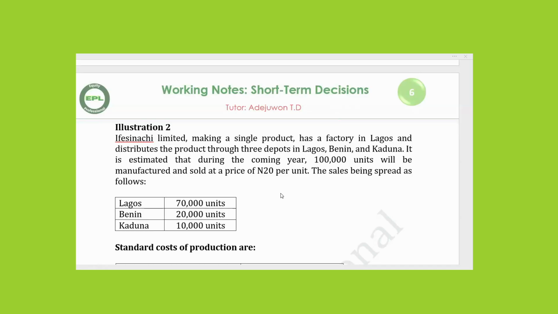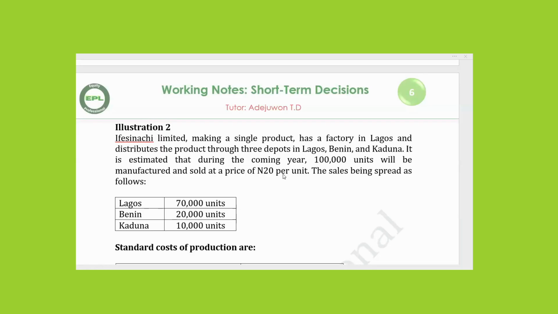Illustration 2. If Ife Sinachi Limited, making a single product, has a factory in Lagos and distributes the product through 3 depots in Lagos, Benin, and Kano, it is estimated that during the coming year, 100,000 units will be manufactured and sold at a price of 20 naira per unit.